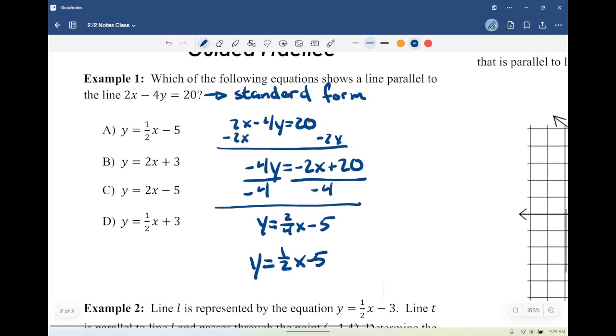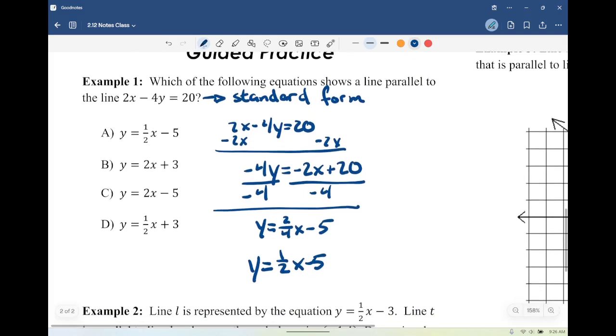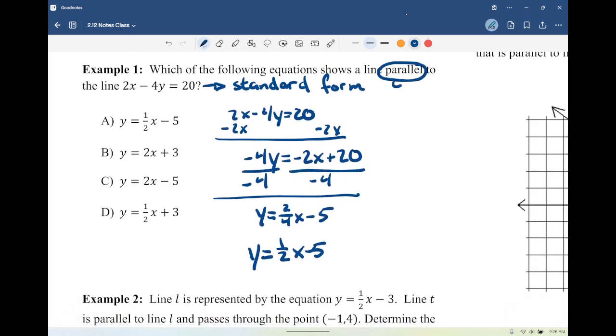All right, well, this is the original line. The question is, which one is parallel? Okay, so when we talk about parallel, I need the same slope. Whatever the slope of the first is needs to equal the slope of the second. And I need different y-intercepts. So b1 does not equal b2. These are really the things I'm looking for.